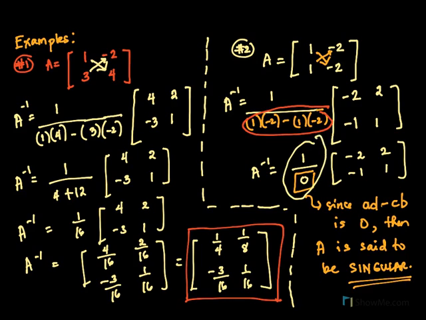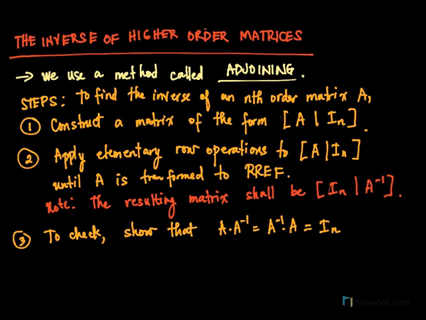for that particular matrix. Now, there is a general method for us to get the inverse of an nth order matrix. Pag kasi square matrix, tinatawag natin din, related sa dimension niya, is order niya, nth order square matrix. So 2 by 2 is second order, 3 by 3 is third order, 4 by 4 is fourth order, and so on.